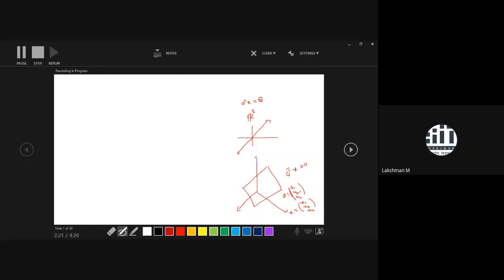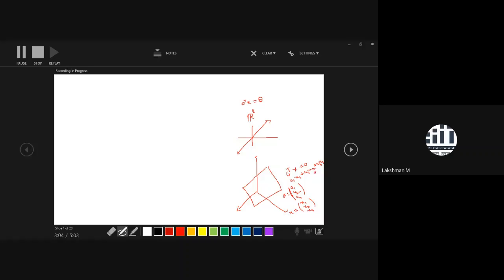If you open this up, what does it represent? It is talking about the dot product, or inner product, between the vector A and the arbitrary variable X. If you simplify, it takes this form: A1 times X1 plus A2 times X2 plus A3 times X3 equal to 0.